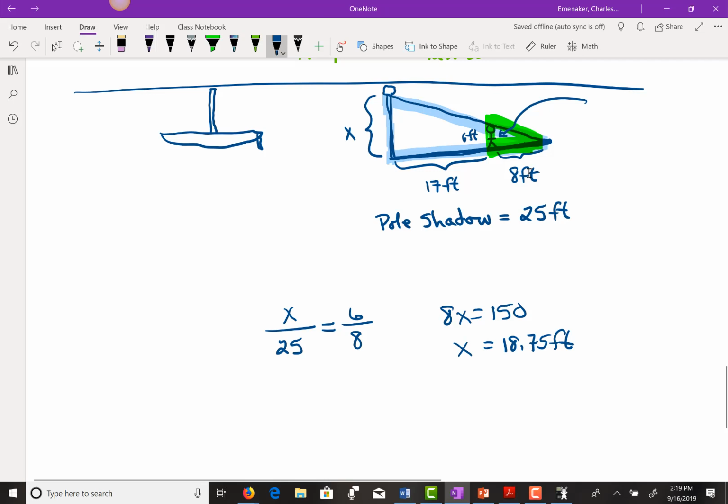How many inches are there in 1 foot? 12 inches? But we don't have 1 foot, do we? We have 0.75 feet. What's that going to be? Like 9 inches? So in this case, the height is 18 feet, 9 inches.